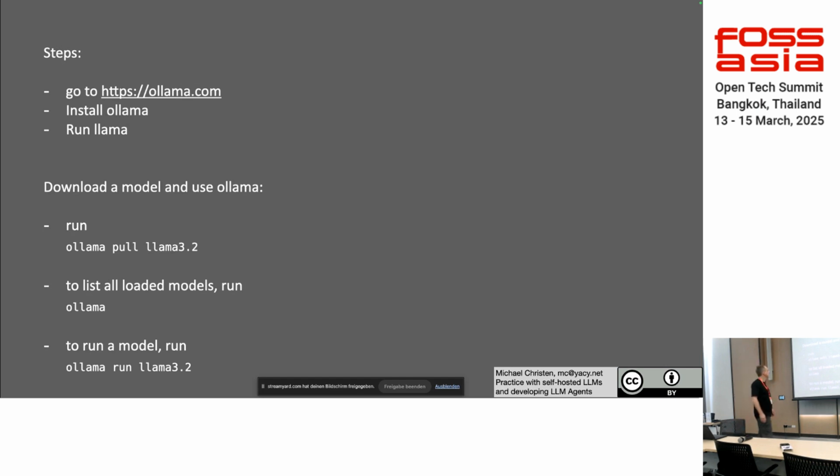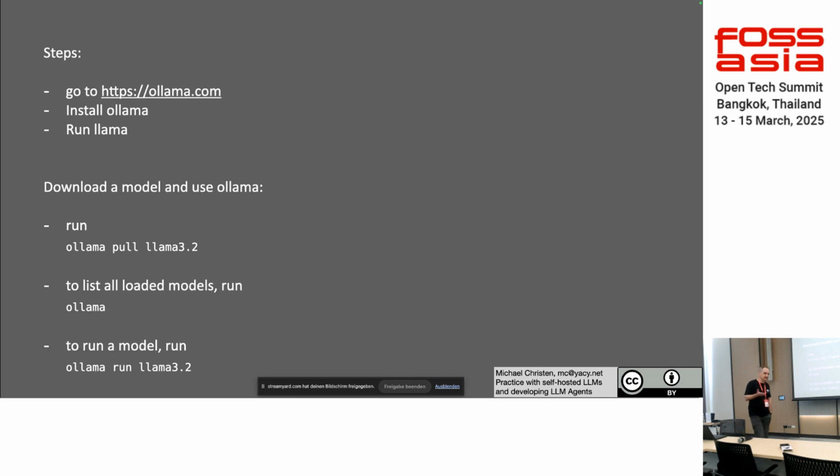And when we have done this, we want to use a model, and what we are using is Llama 3.2. It's a model with 3 billion parameters. So for example, ChatGPT 3.5 was 175 billion parameters. This has only 3 billion parameters, and it's a quantized version with 4-bit quantization.